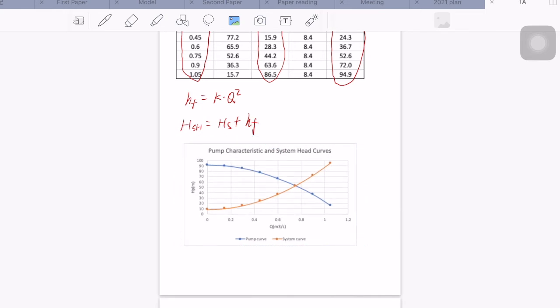So the blue curve is a pump characteristic curve, and the orange curve is a system head curve.